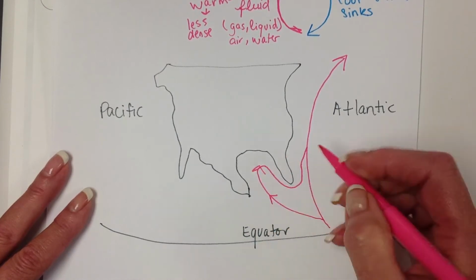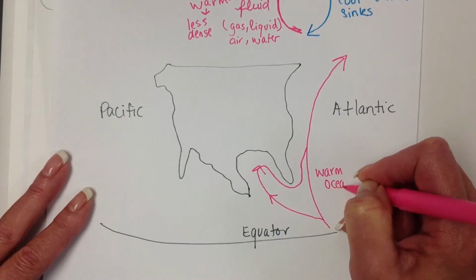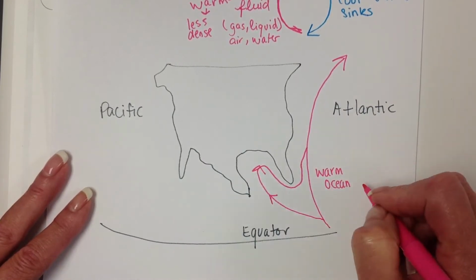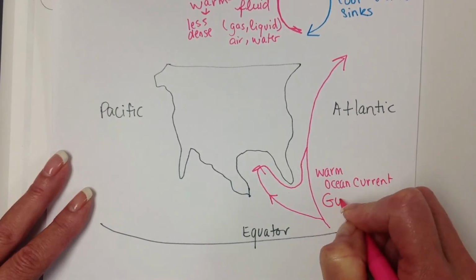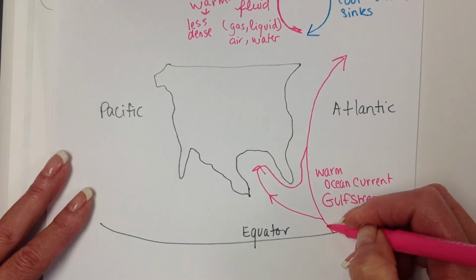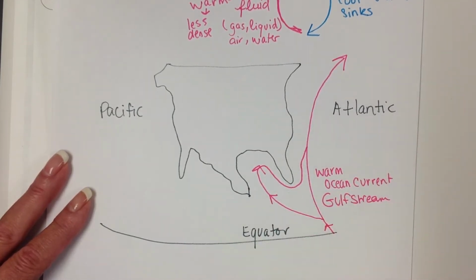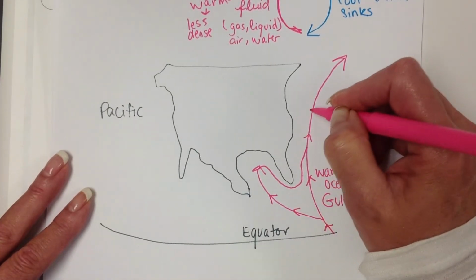And I'm sure you know what this is. This is a warm ocean current. It is the Gulf Stream. Look where it's coming from, the equator. So it's bringing nice warm water with it and traveling towards the poles.